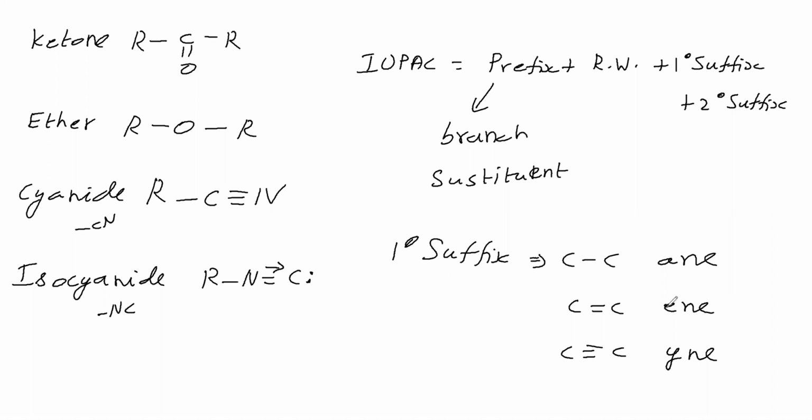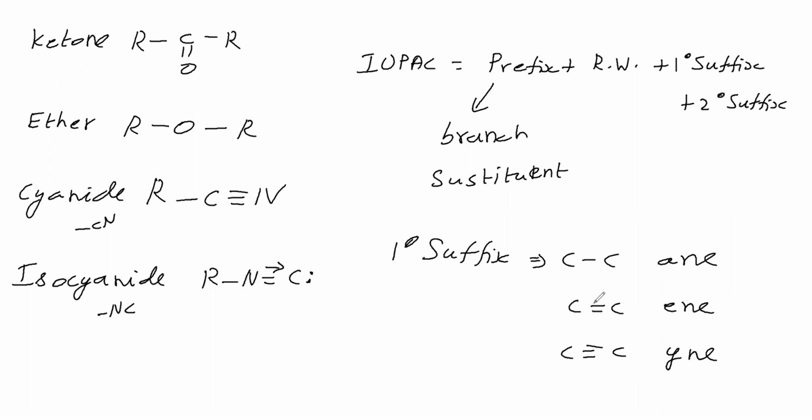Suppose in the given compound only a C=C double bond is present, then you give the primary suffix "ene". Suppose both a C-C single bond and a C=C double bond are present, then the primary suffix is given as per the C=C double bond only.